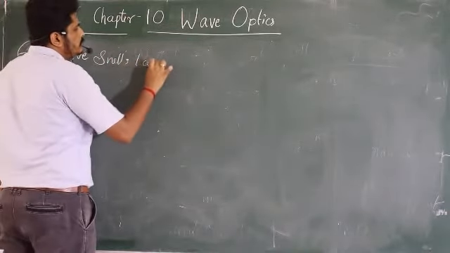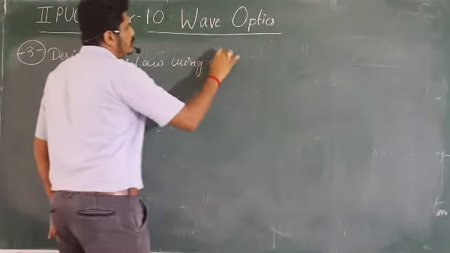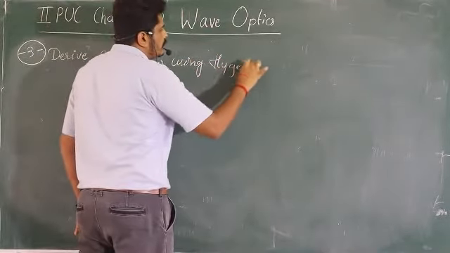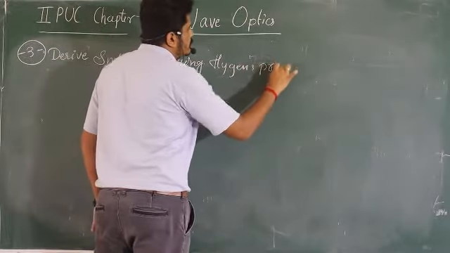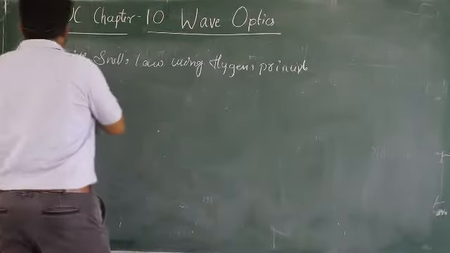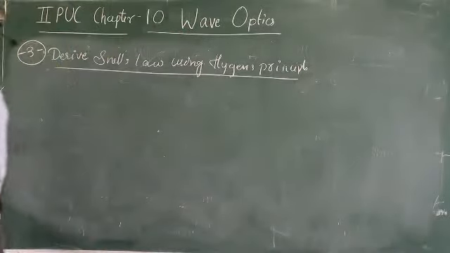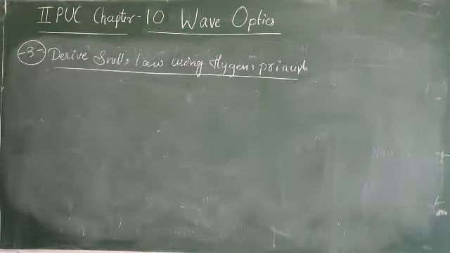Snell's law using Huygens principle. So this is the 3 mark important question from this chapter.